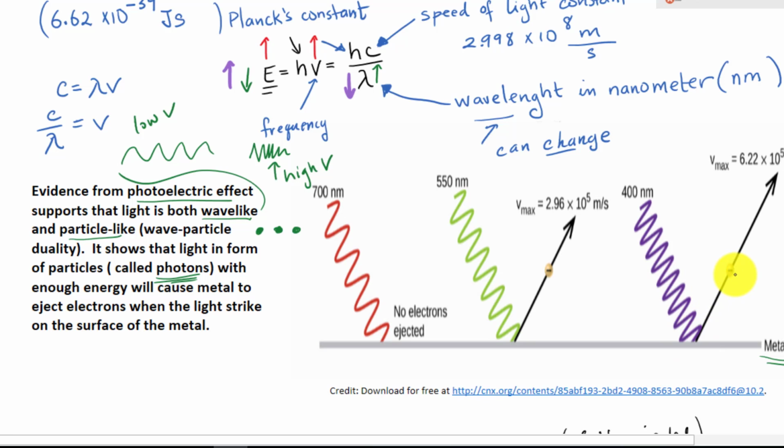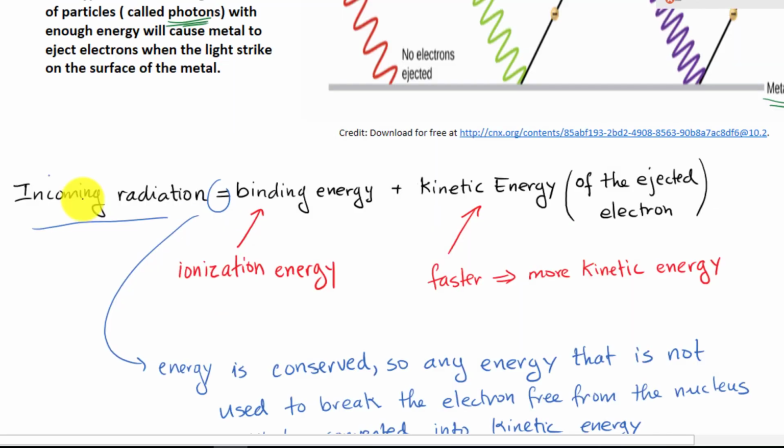So that means if you have a photon with the right amount of energy, or enough energy, it will cause the metal to eject the electron. And that's important because now we can measure the velocity of the electron, and then we can study more about the structure of an atom. Then we can summarize all this information into one short equation.